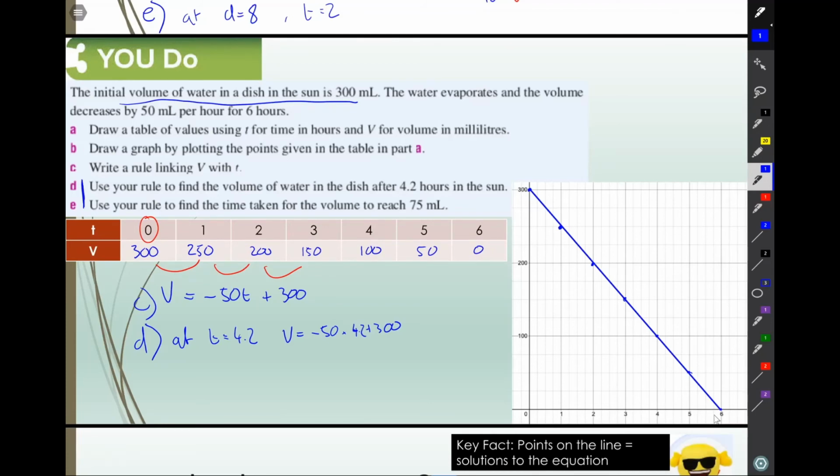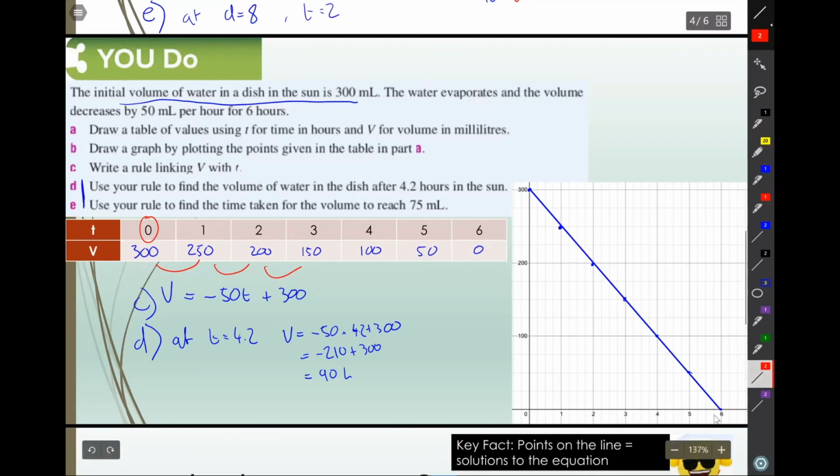So we need to put that into our calculator. Minus 50 times 4.2 is minus 210. Plus 300 is 90. So at 4.2, the volume in the dish was 90.